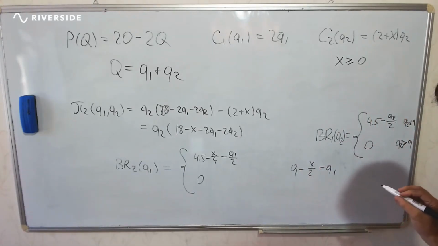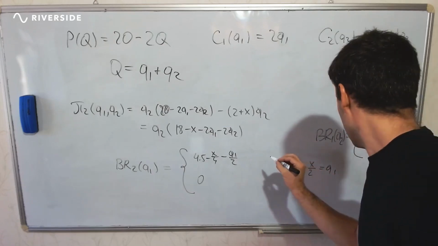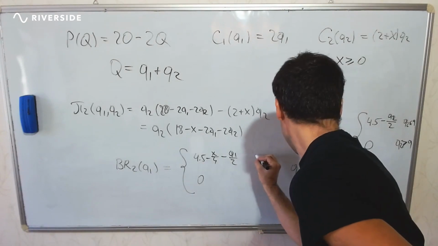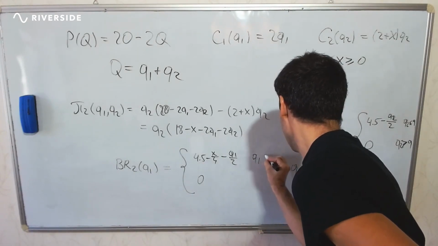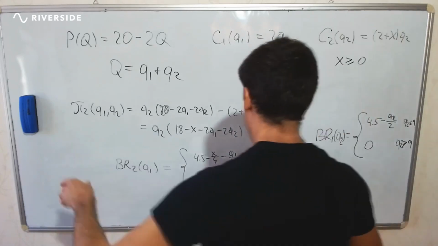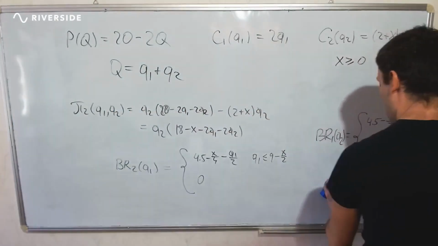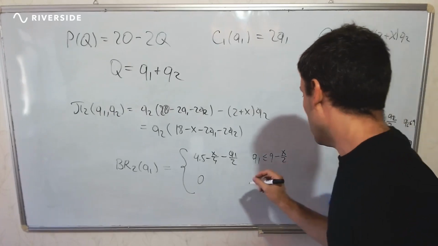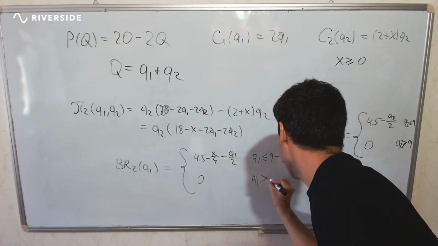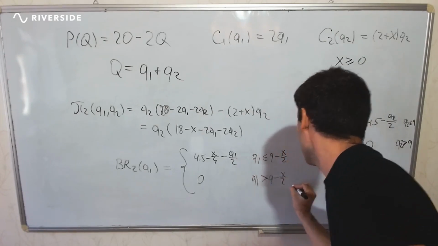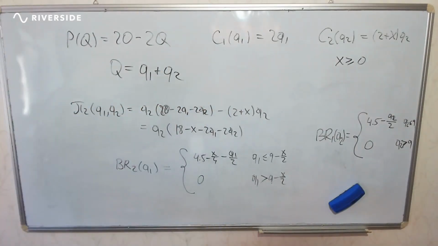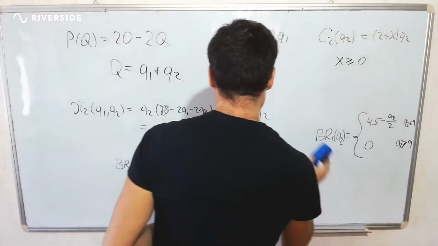So as long as our Q1 is less than 9 minus x over 2, firm 2 will reply with a positive number. And if Q1 happens to be greater than 9 minus x over 2, then the best response for firm 2 is to produce 0.